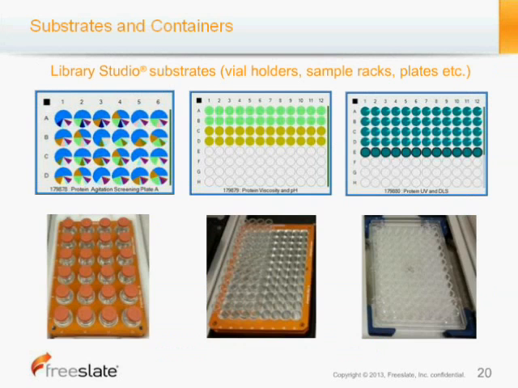So speaking of plates, we refer to these in our software as substrates, but in the containers that are inside the substrates. But basically, they're vial holders, sample racks, 96 well plates, as we're all familiar with. And basically, in our software, they kind of look like a bird's eye view of what's in reality. So on the top here, we see a 4x6 example of a 2 milliliter serum vial rack.